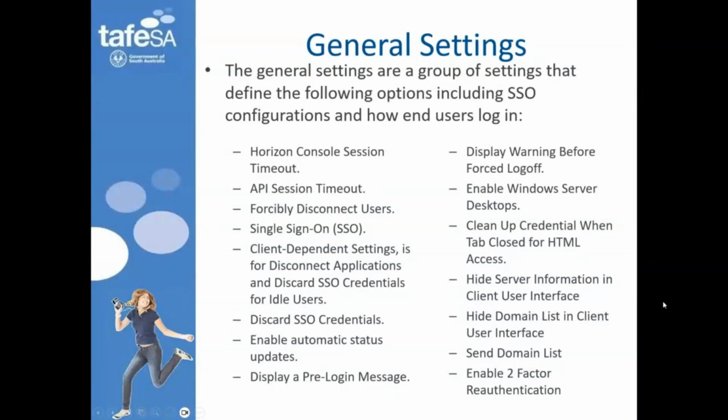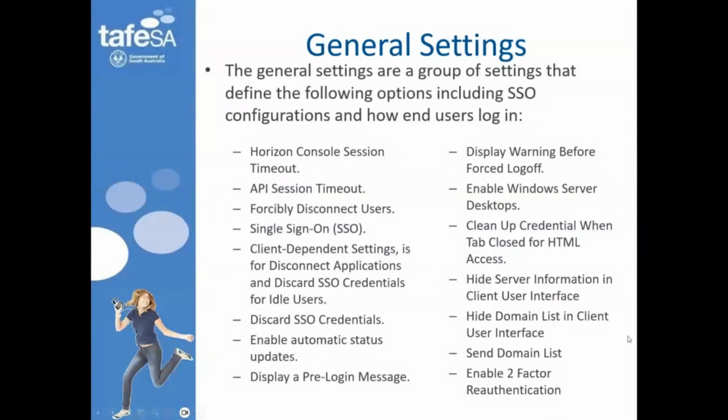The next one is hide server information in client user interface, and as the name suggests, the Horizon server address is not shown. Obviously for security, before you log in, if someone can know where the server is, there's a chance they can get information out of that and attack the server. The next one is hide domain list in client interface.